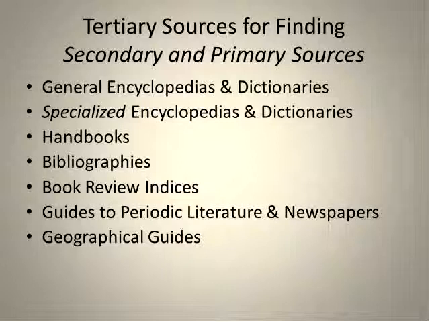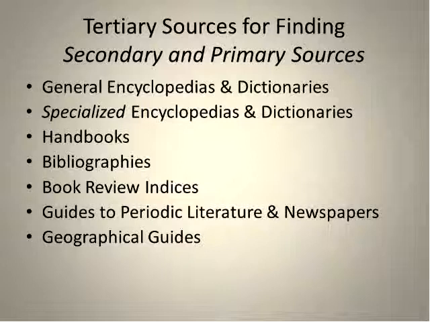Another tertiary source in which you can begin to find an overview and access points are handbooks. For example, the multi-volume Handbook of Middle American Indians, which is available at the Troy Dothan Library.